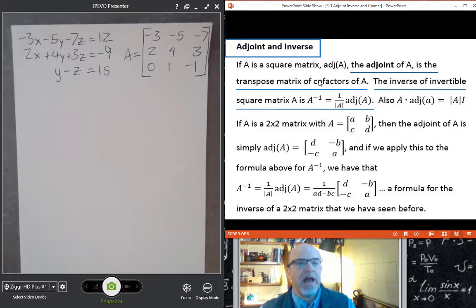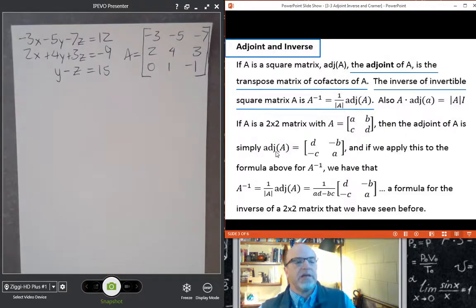Definition of an adjoint of a matrix. An adjoint is the transpose of the cofactors. So there's two things going on there. First of all, you calculate the cofactors, and then you calculate the transpose. And then after you calculate the adjoint, you can calculate the inverse by taking 1 over the determinant times the adjoint. Okay? Now, if we're talking about a 2 by 2 matrix, it's pretty simple.